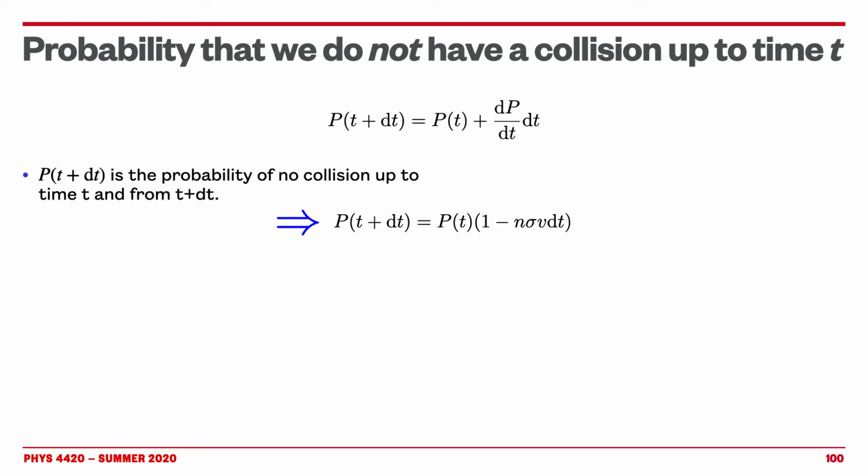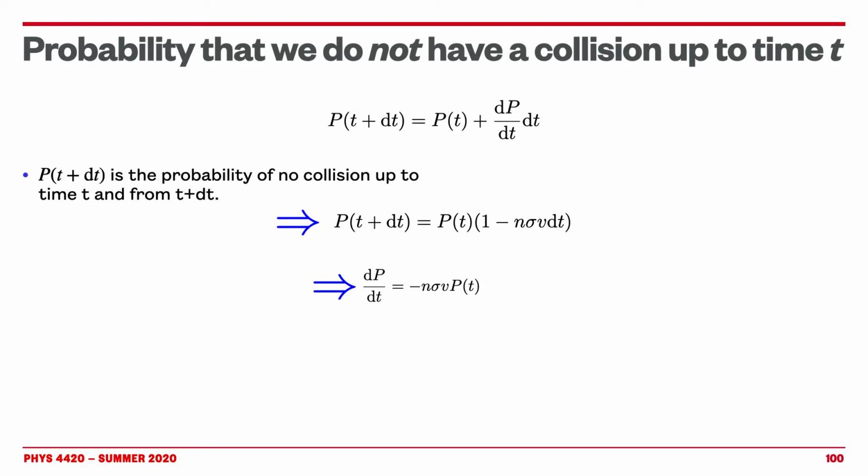So in the previous slide, I said, what's the probability to have a collision during time dt? And this was n sigma v dt. So here, the number 1 minus n sigma v dt is the probability to not have a collision during time dt. All right? So that's all good because now I have two different expressions for P(t plus dt), so I can equate them. And when I equate them, I get an expression for the derivative of the probability. And I have a nice expression where the derivative of a function is proportional to that function.